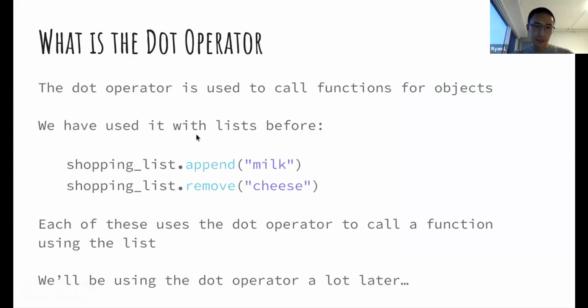Strings, lists, numbers, almost everything has built-in functions, like list.append or .remove. The way you access these built-in functions is with the dot operator after the object. So we're calling the append function of the list. You'll see more examples later.